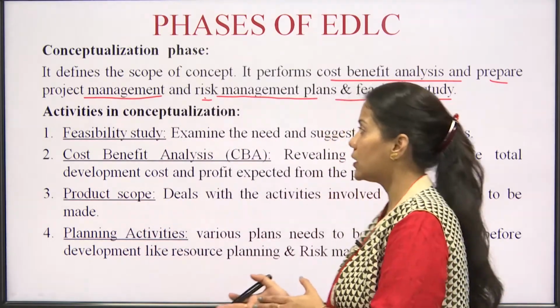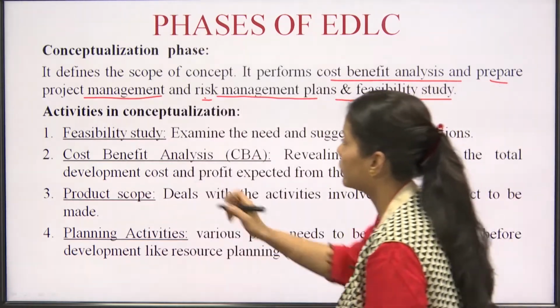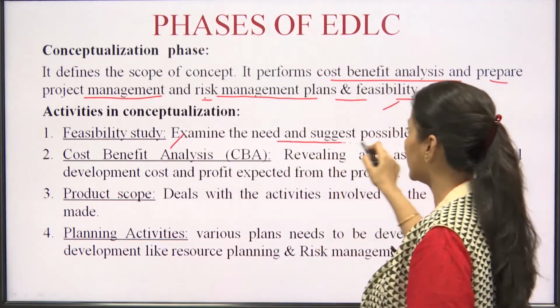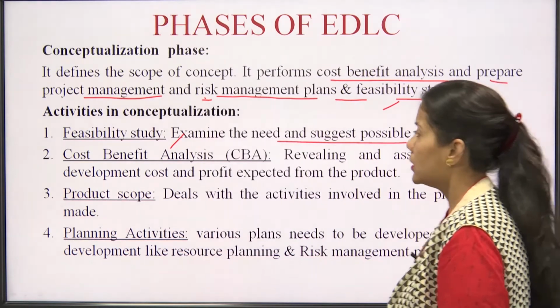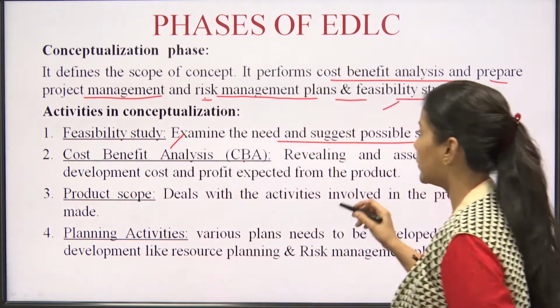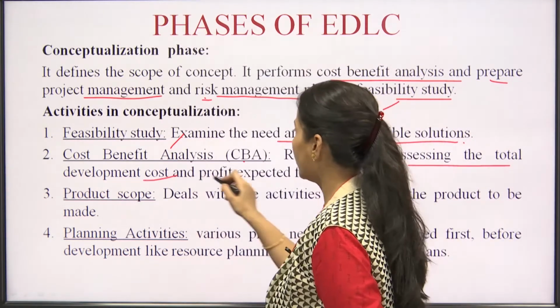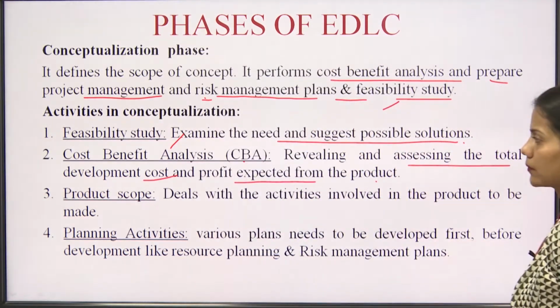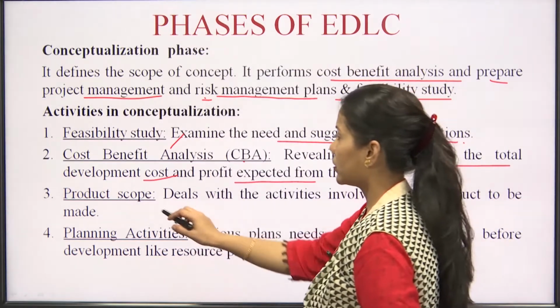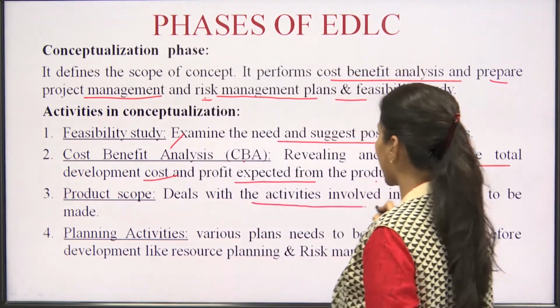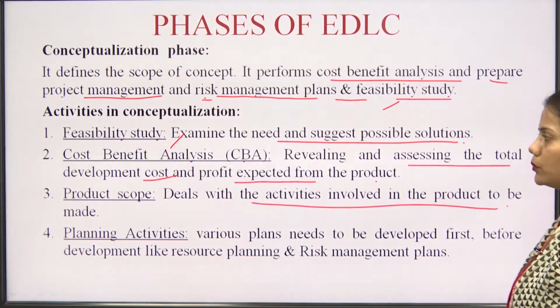Activities in conceptualization: the feasibility study will examine the need and suggest possible solutions. Cost benefit analysis, that is CBA, reveals and assesses the total development cost and profit expected from the product. Next is the product scope, which deals with the activities involved in the product to be made.